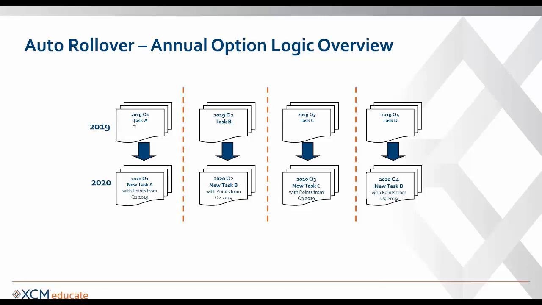When the Q1 task is done, it would automatically roll to Q1 of the following year. Q2 would then be worked on. When Q2 was done, it would roll to the following year, Q3 to Q3 the following year, and then Q4 to Q4 the following year. So auto rollovers do roll on a year-to-year basis, not quarter to quarter.